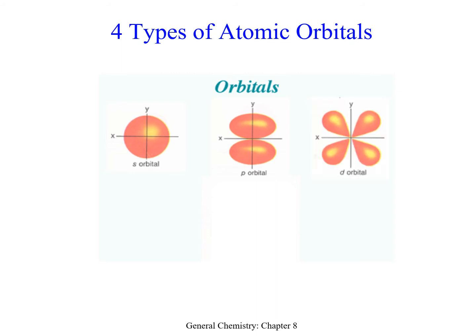So what do you see here? On the s, you see 1 domain, and on the p's, you see 2 domains along a given axis. And in the d's, you have 4 domains around the nucleus. So 1, 2, and 4, easy enough to conceptualize.